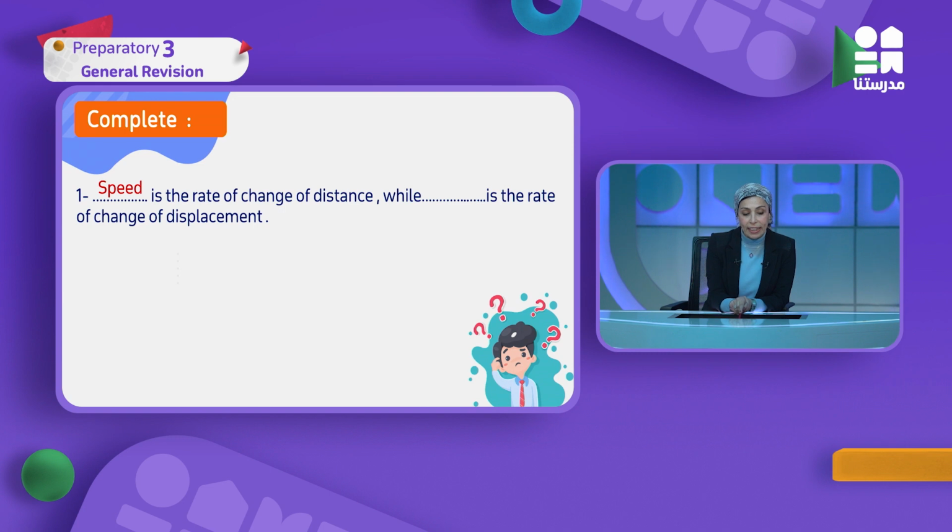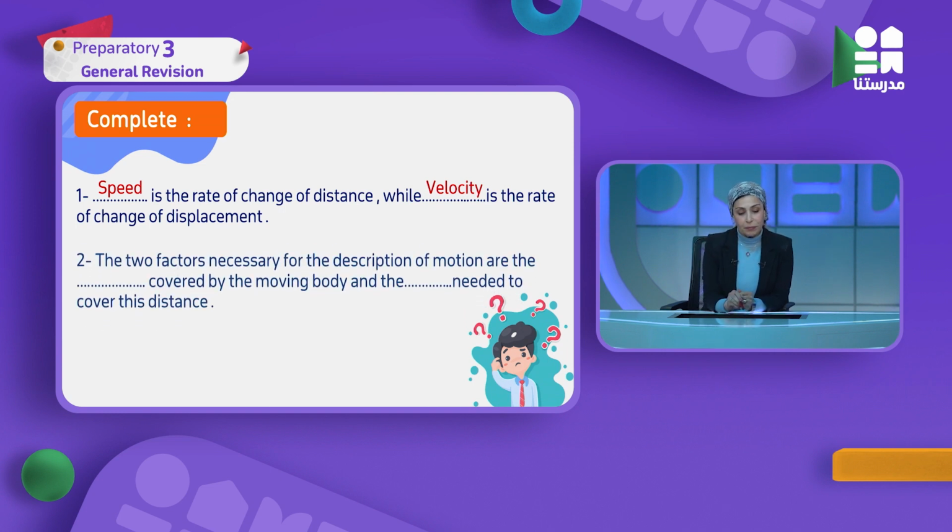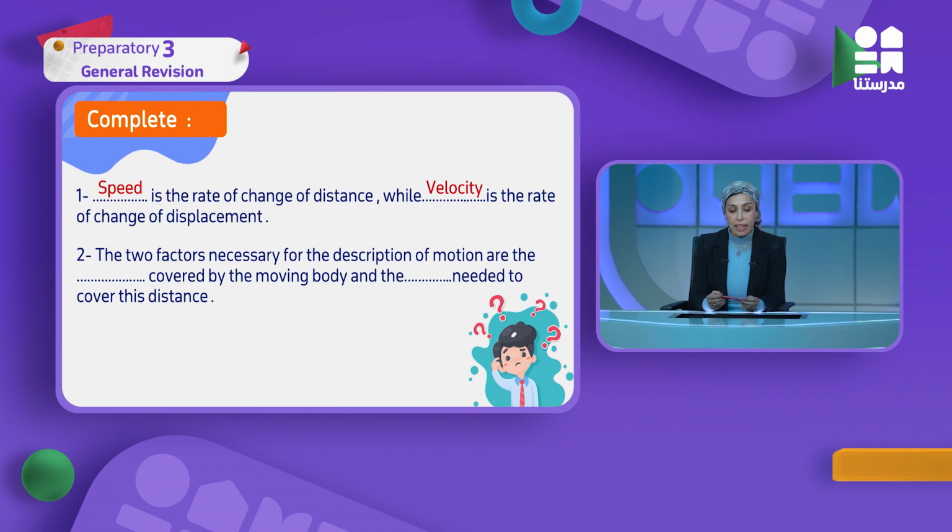While what is the rate of change in displacement? Displacement is the velocity. Next one: the two factors that are necessary for describing the motion. What do I need to describe the motion? They are the distance covered by the moving body and what is needed to cover it, which is the time.